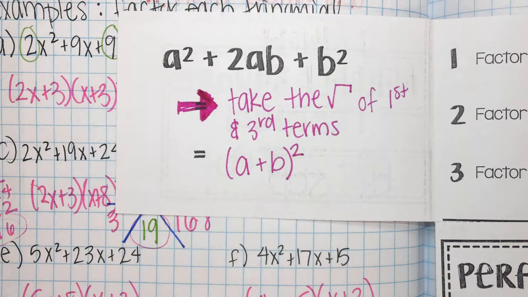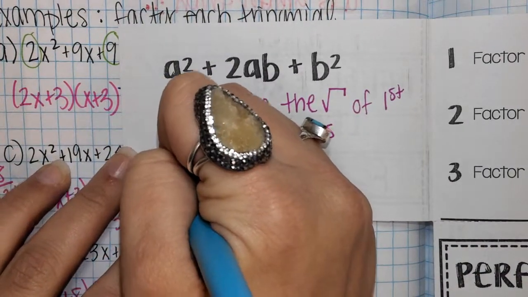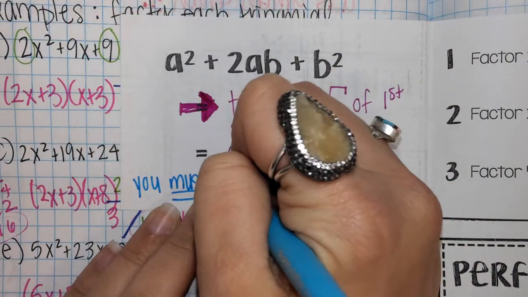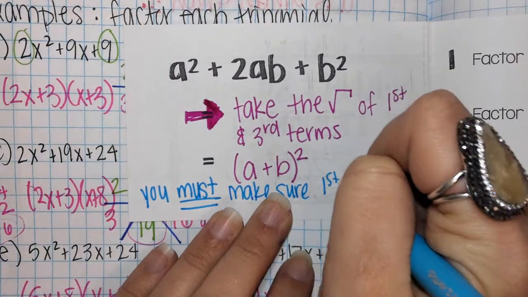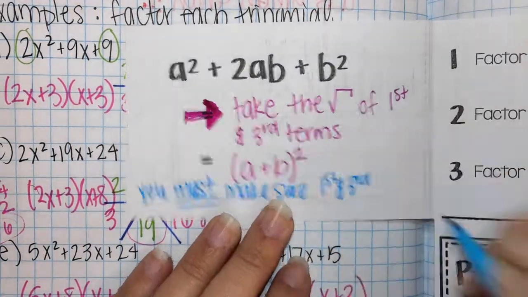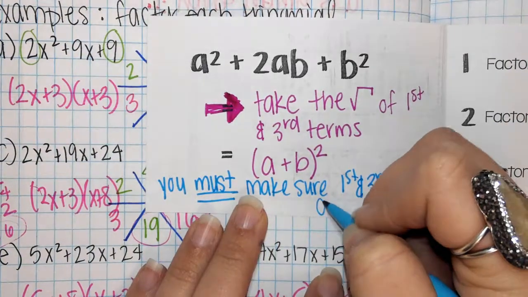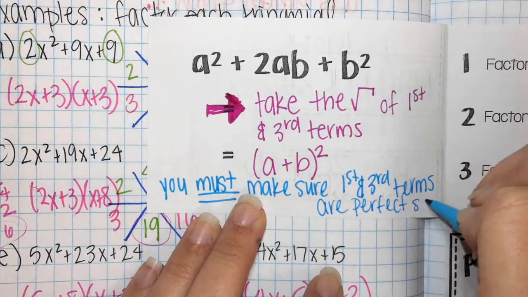Now, you have to make sure that they are perfect squares. You must make sure they are perfect squares. Let's write that down. You must make sure first and third terms are perfect squares.